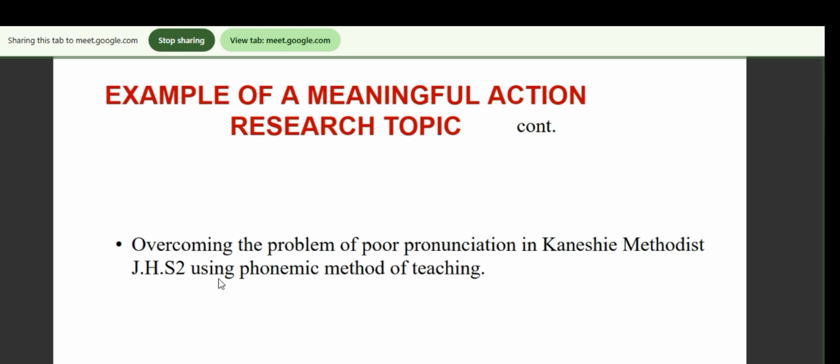The intervention here is the phonemic method of teaching. That becomes my intervention. I am using it to solve a problem, poor pronunciation. Then we look at the school where the research is conducted, that is Kaneshi Methodist.